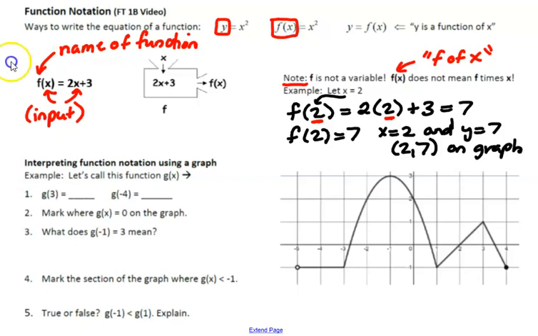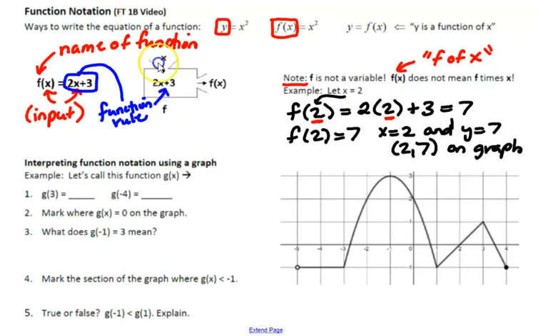Now think of a function as a little box. Here once again, this is the name of the function, f. Inside the box is something that we're going to do, a rule. This is our function rule.